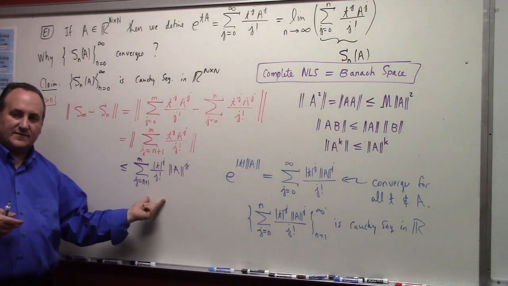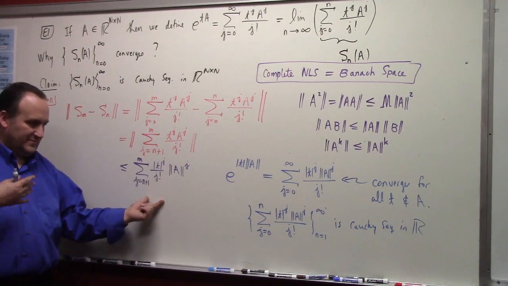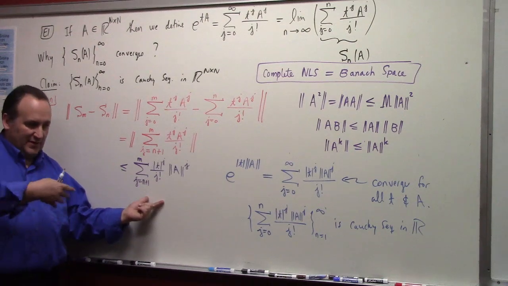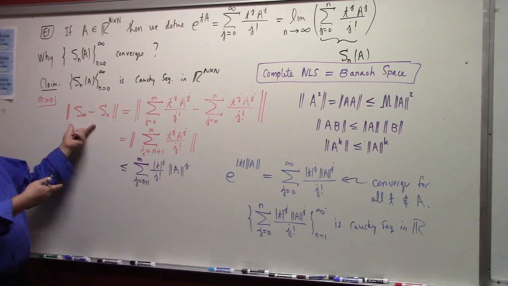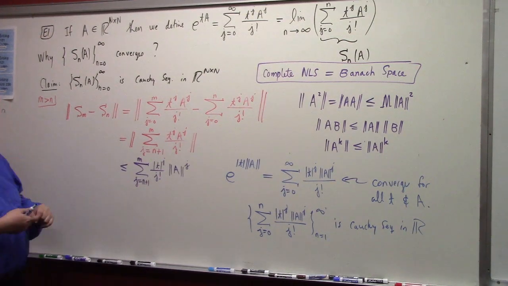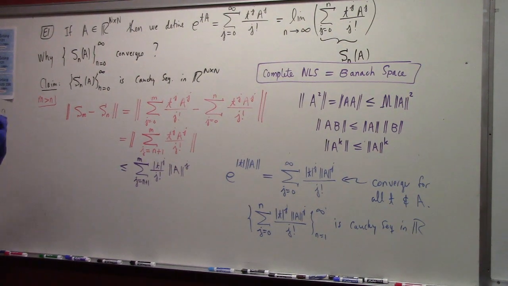So it can be made small by the Cauchy condition of that real sequence, and since that can be made small, so can this. Therefore, this is a Cauchy sequence of matrices. Consequently, it converges because R n by n is a Banach space, and Cauchy implies convergent because it's complete. Therefore, the matrix exponential exists for an arbitrary matrix.